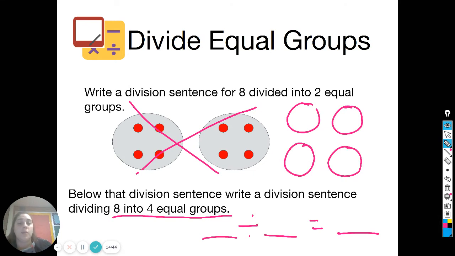And now I have 8 dots, so I'm going to put 1 in each group until I use all 8. 1, 2, 3, 4, 5, 6, 7, 8. So I took 8 dots, divided them into 4 equal groups, and I ended up with 2 dots per group. 8 divided by 4 equals 2. Go ahead and erase.